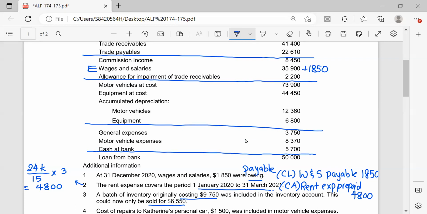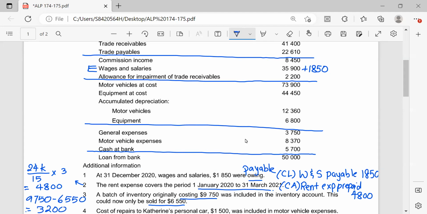All right, so how much loss do you suffer? So impairment loss is 3,200. So this is the number that we're going to work with.